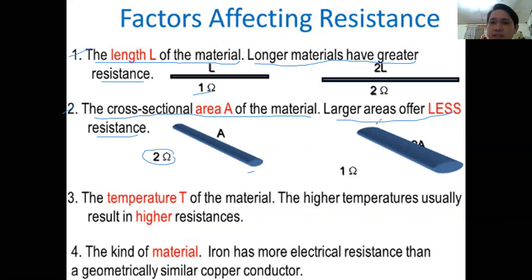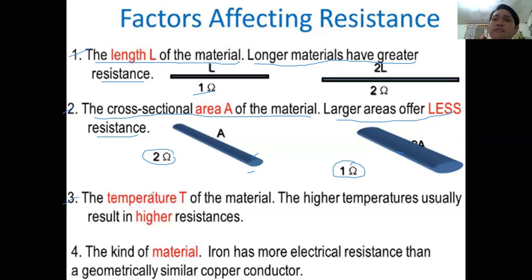This one has a large area compared to this, so it has 1 ohm. Comparing their areas, we can say that larger areas offer less resistance. Okay? So I hope you can follow.